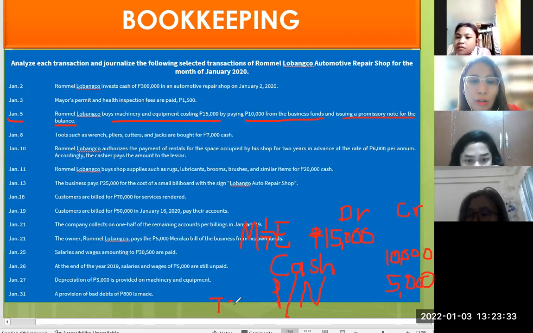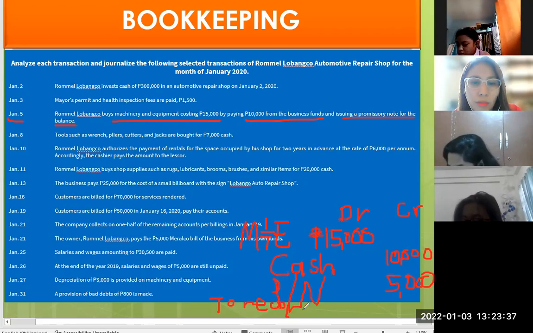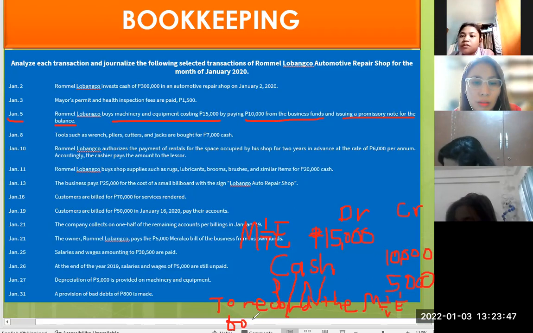So, to record the machinery and equipment bought through cash and through promissory note.